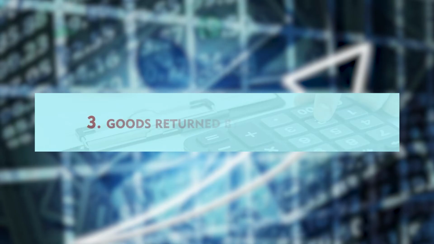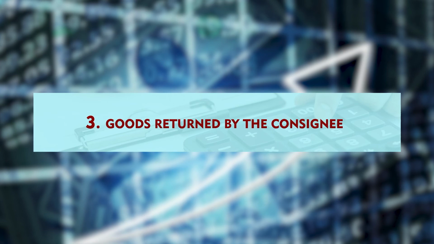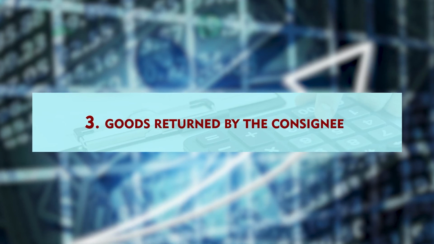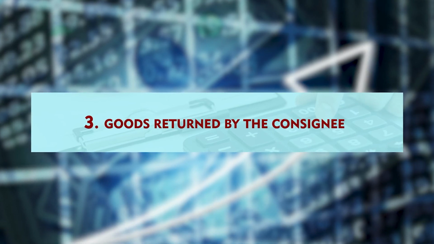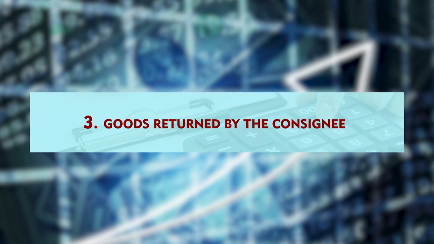Then the third one is goods returned by the consignee. Say, for example, the consignee has returned goods of 5,000 rupees to the consignor.